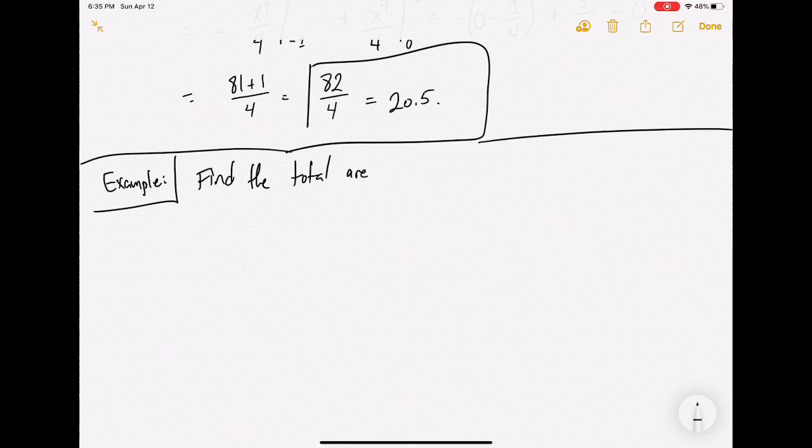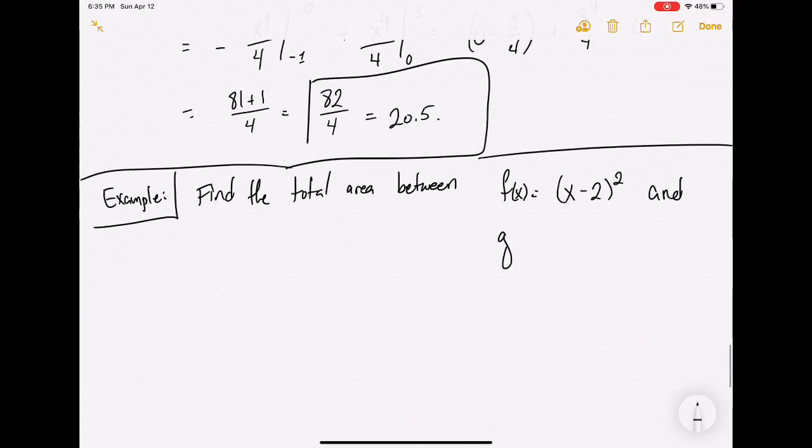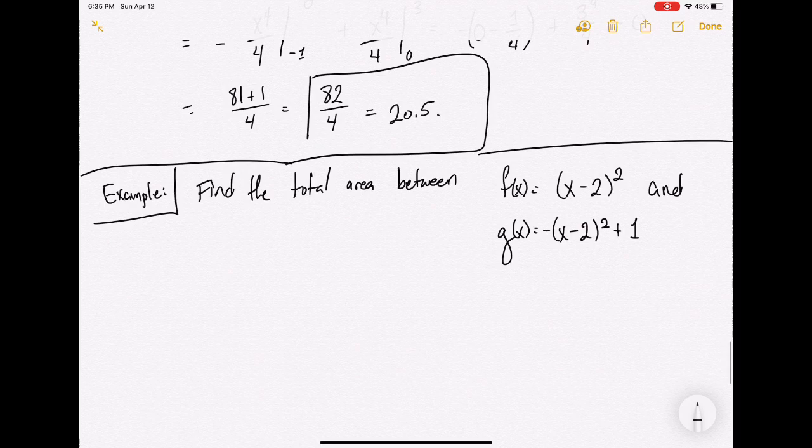Find the total area between f of x equals x minus 2 squared and g of x equals negative x minus 2 squared plus 1.